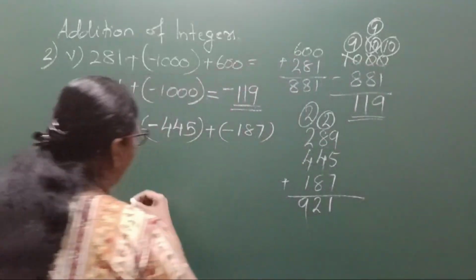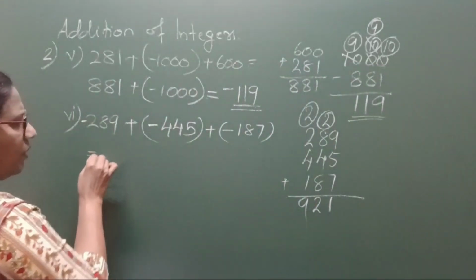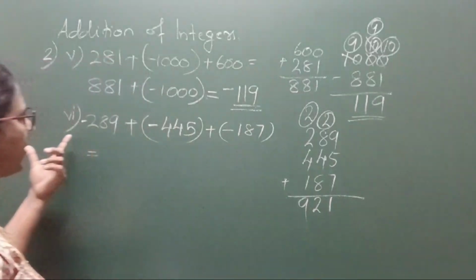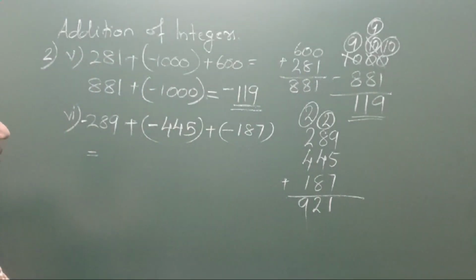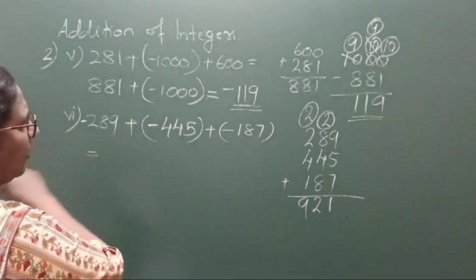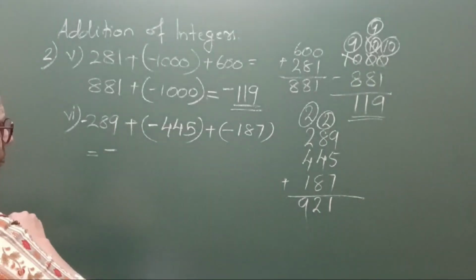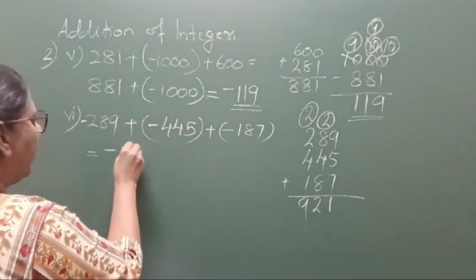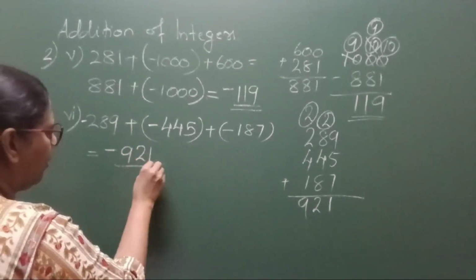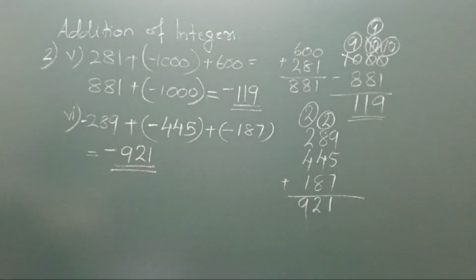We got the answer 921. But we have to see the sign of these integers. All three are negative. So we have to give the sign minus and then 921. This is how we have to solve this.